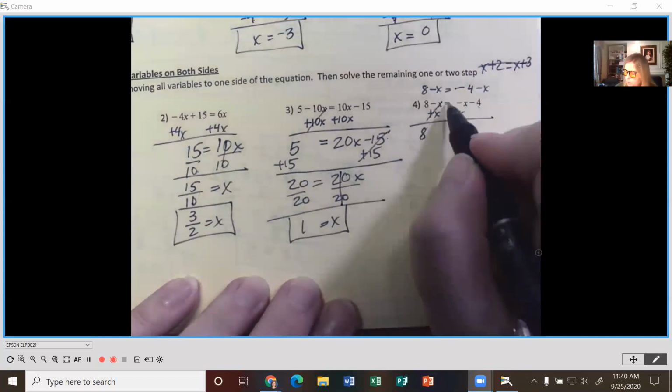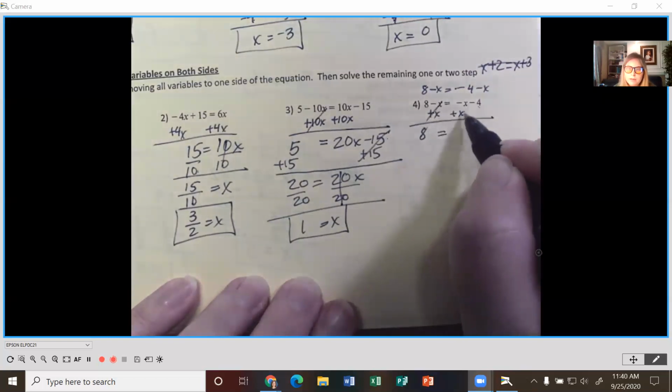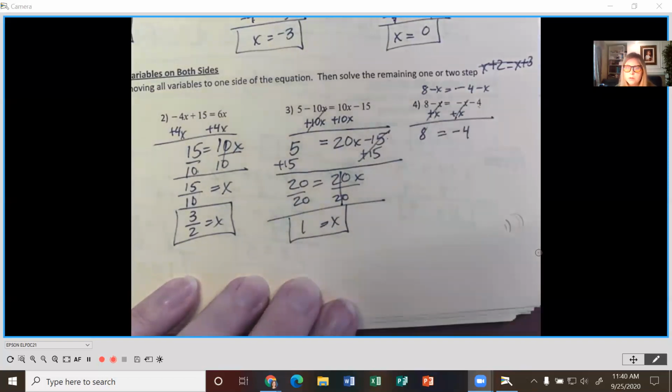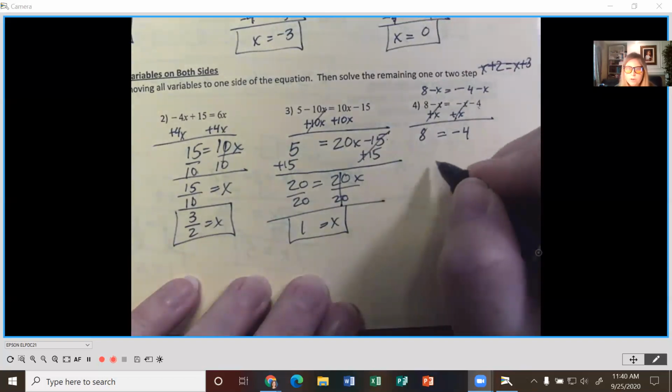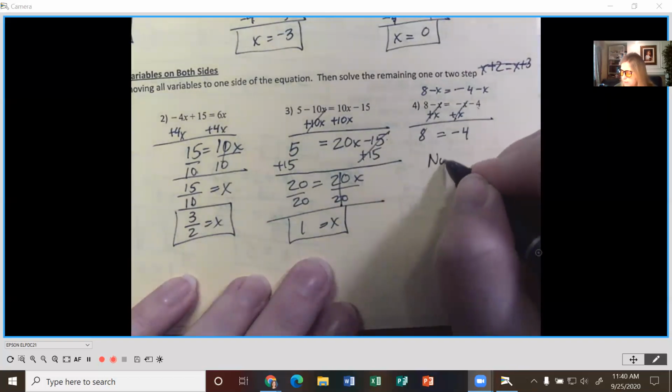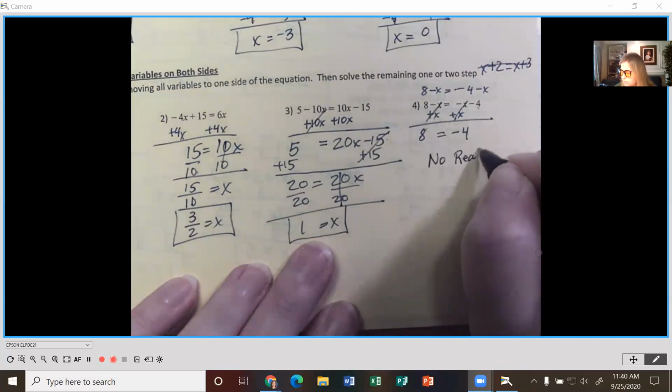So that cancels out. Bring down your equal sign. What's negative x plus x? 0. Bring down your -4. 8 equals -4. No, it doesn't. Okay, 8 does not equal -4. That's not true. So when we have an untrue statement, our answer is actually no real solutions.